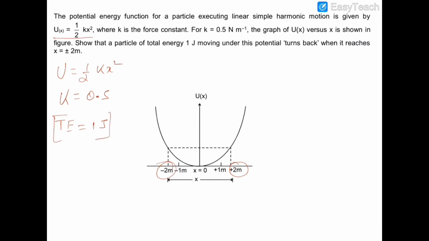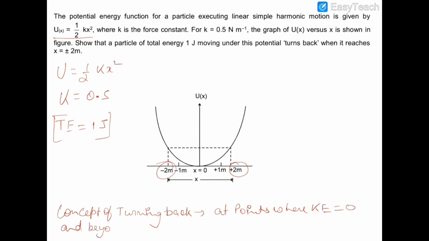Now what is the concept of turning back? So the concept of turning back is the fact that at points where the kinetic energy of the particle is 0, and beyond those points the kinetic energy of the particle is negative.